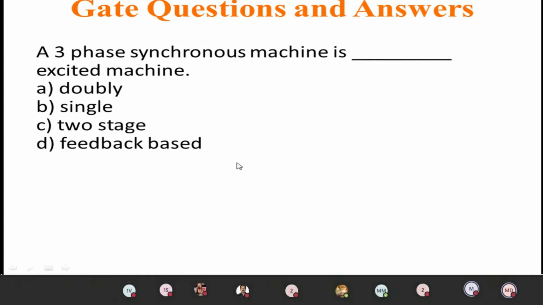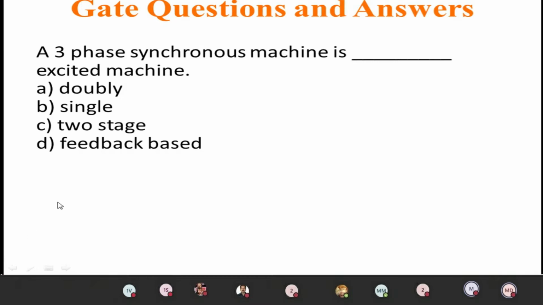First question: a three-phase synchronous machine is a dash excited machine. Normally, what is excitation? Excitation is nothing but the generation of a static field to produce the EMF in the generator.